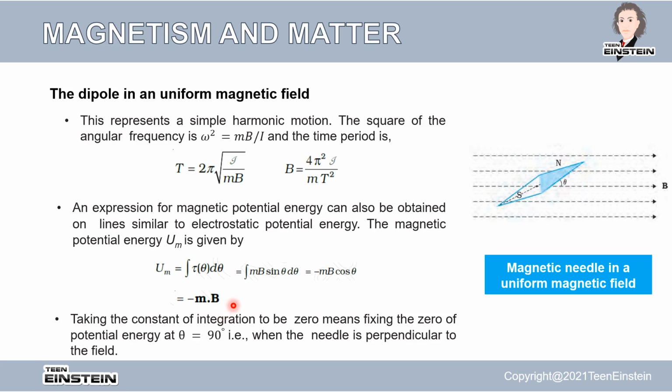We have the liberty to assume the reference as 0. We can take the reference as 0 when cos theta becomes 0, which is at 90 degrees. Taking the constant of integration to be 0 means fixing the zero of potential energy at theta equal to 90 degrees, when the needle is perpendicular to the field.